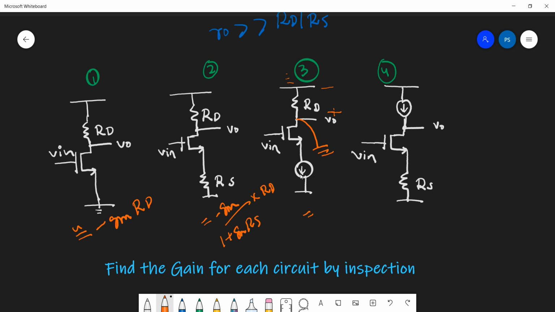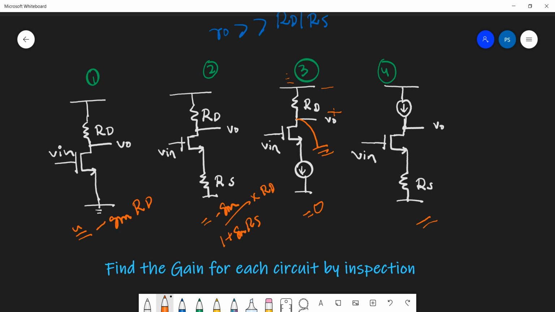The current is fixed, and RD doesn't change, it is just a pen and paper kind of problem. So RD is constant, I is constant, the voltage at this point is constant, and VDD is also constant, so this node voltage will not change. So what do you think will happen? The output gain would be 0.